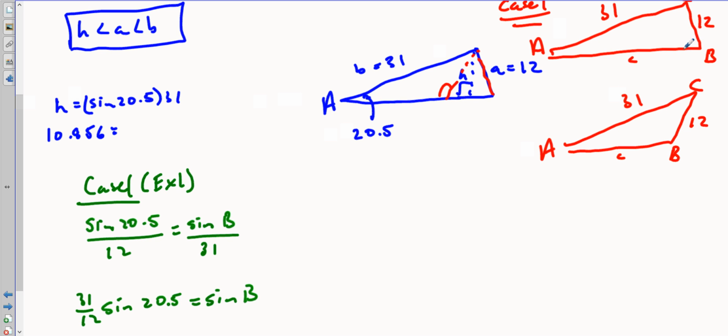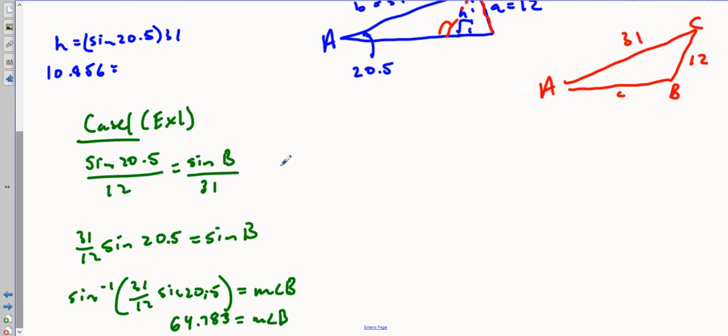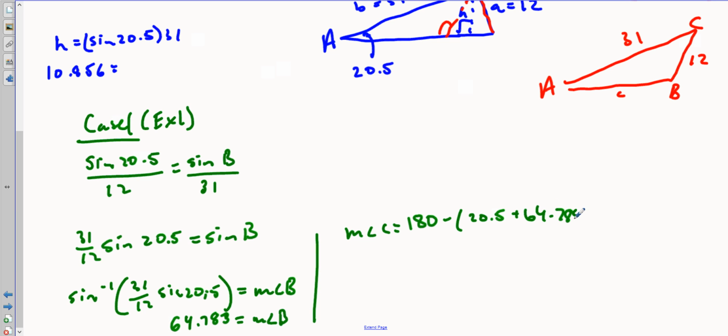And so the next thing is now we can solve for the measure of angle C. Take those two values. So from here, the measure of angle C is going to be, once again, 180 minus the quantity of 20.5 plus 64.783.